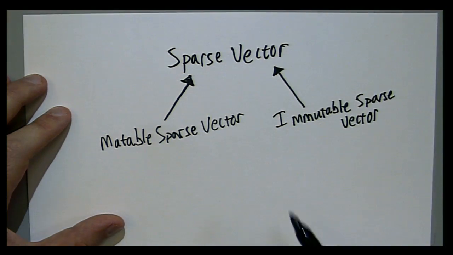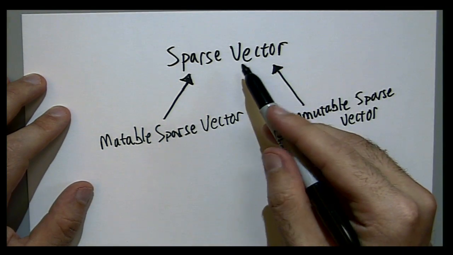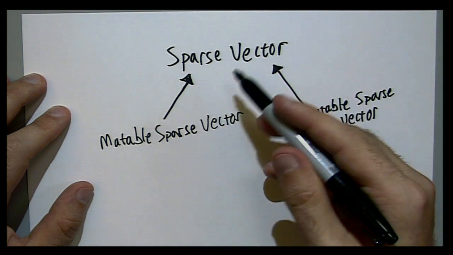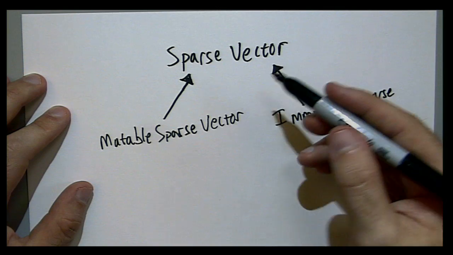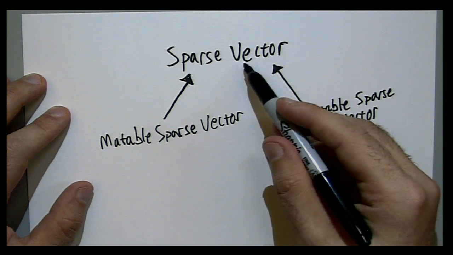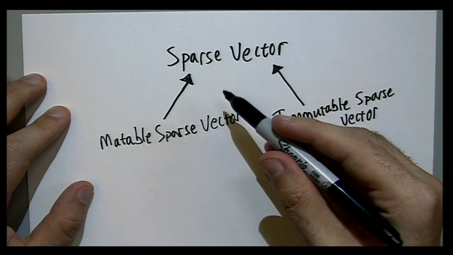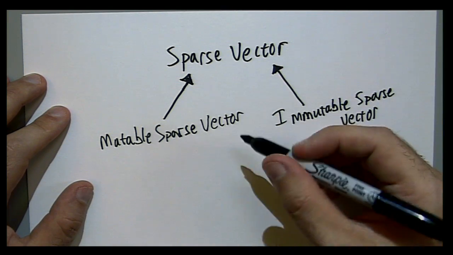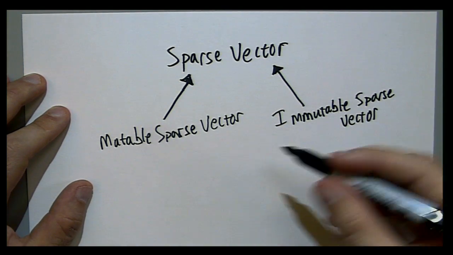If code has a sparse vector, it can read it using methods such as get, which gets you the value for a key, but it cannot modify it. It's not, however, guaranteed that nobody else has a reference to that sparse vector that they can modify, and so it's not really thread safe.